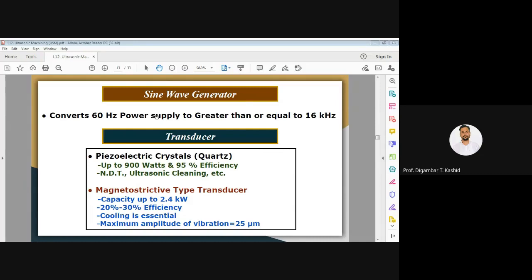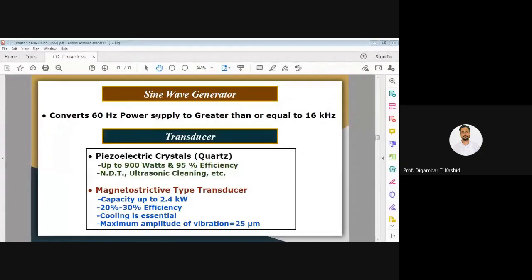So the first is the piezoelectric crystal transducer, and second we have the magnetostrictive type transducer, having capacity up to 2.4 kilowatt. But here, as I have already mentioned, the efficiency is very low, 20% to 30%. In the case of the magnetostrictive type transducer, you always require cooling, so it becomes essential.